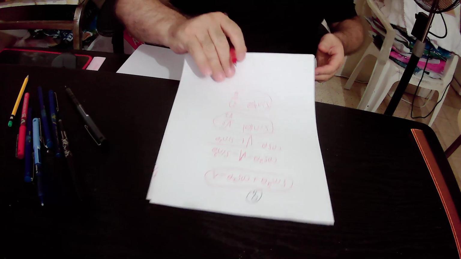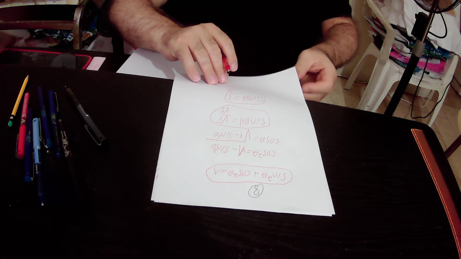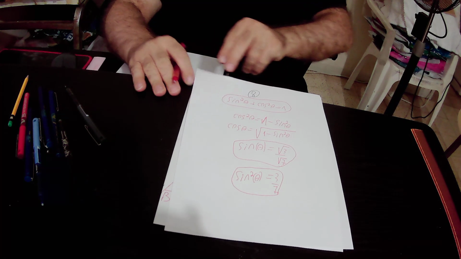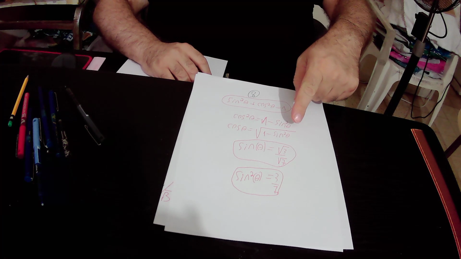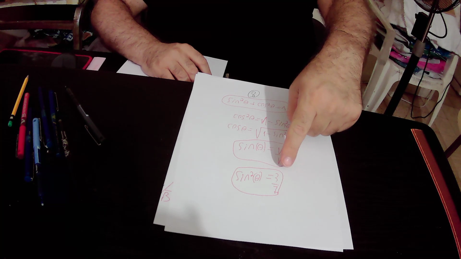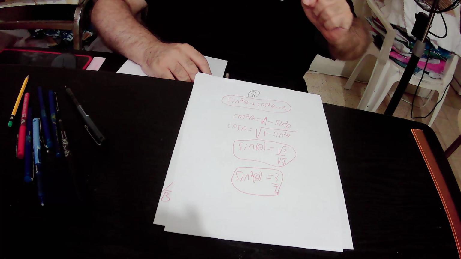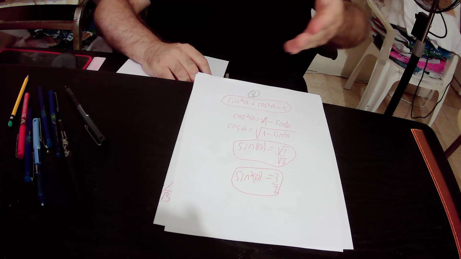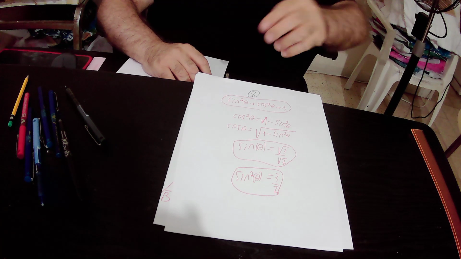Okay, after we found out the value of sinus theta squared, we can substitute sinus theta squared by 3 over 7, because sinus theta squared equals 3 over 7. Okay, and in this way we will find out the value of cosinus theta.